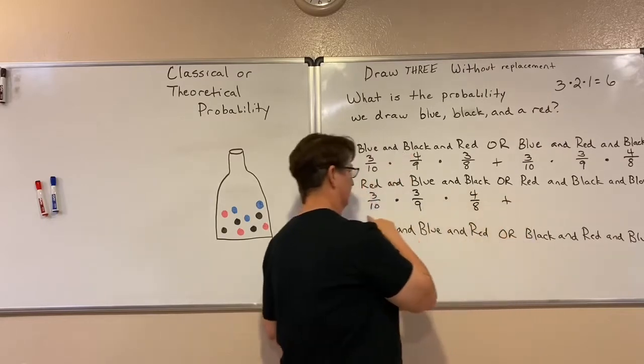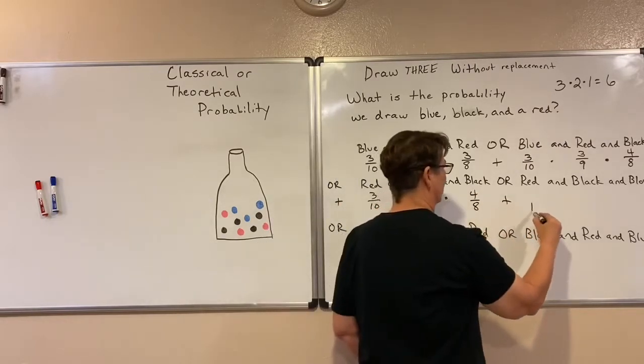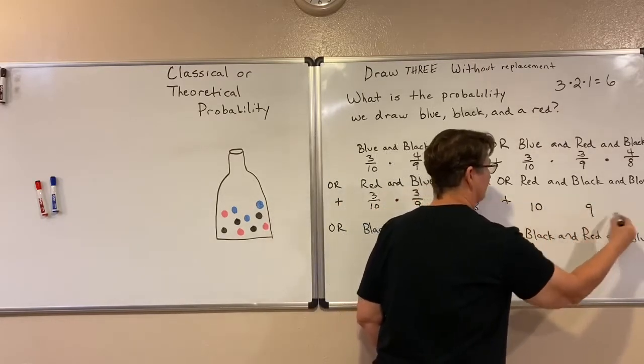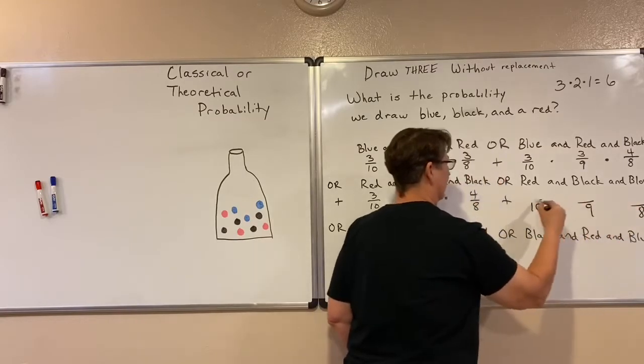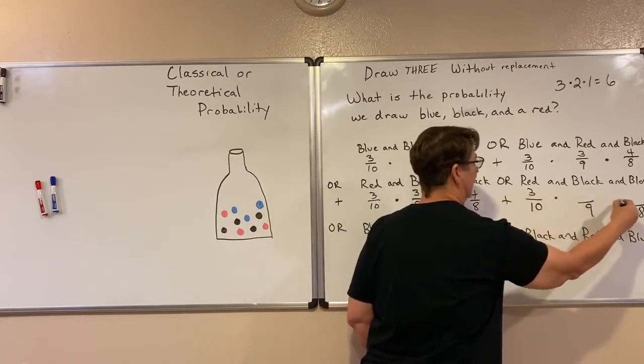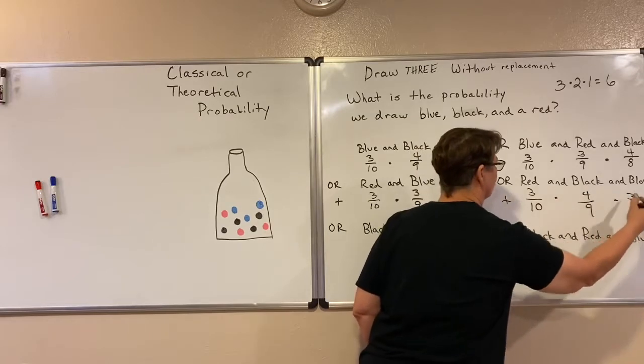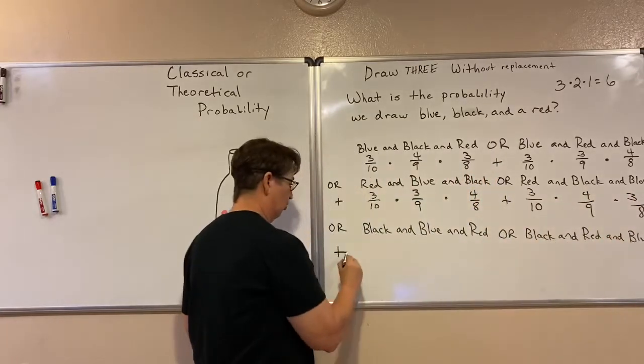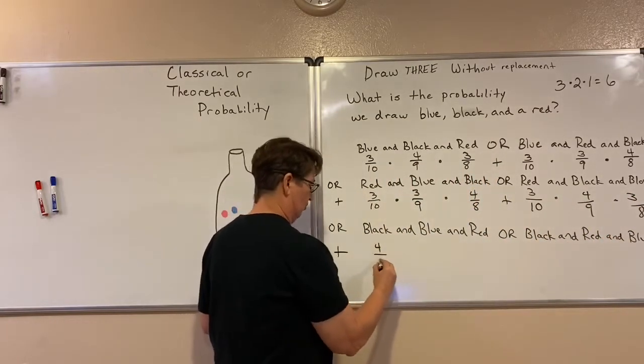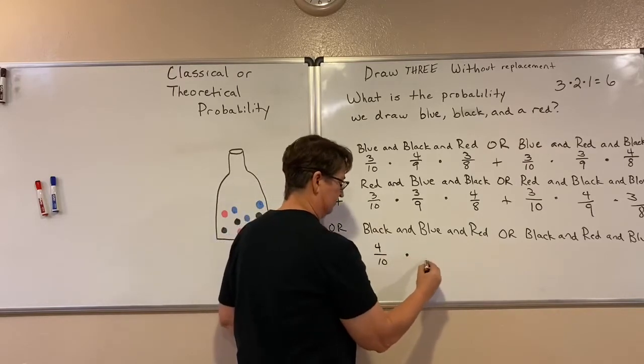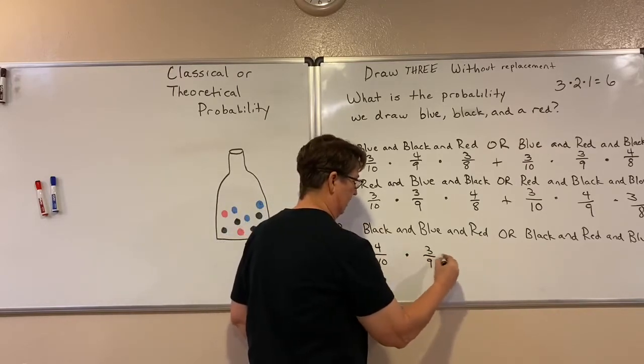I'm also remembering to count down because I'm taking one out each time. And then just counting to see how many of each color ball there are. And the ors tell me to add, while the ands tell me to multiply.